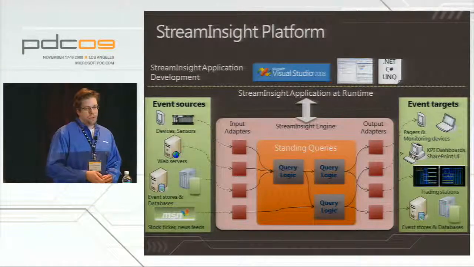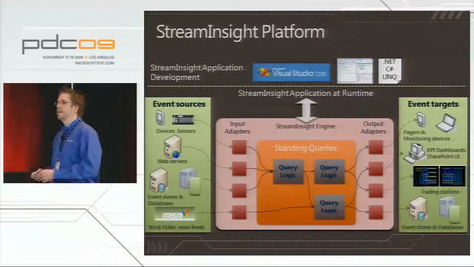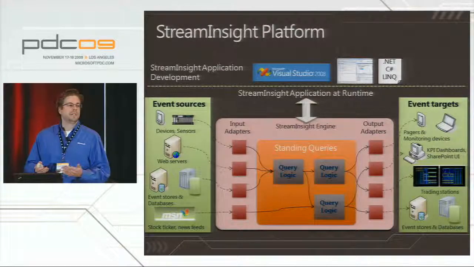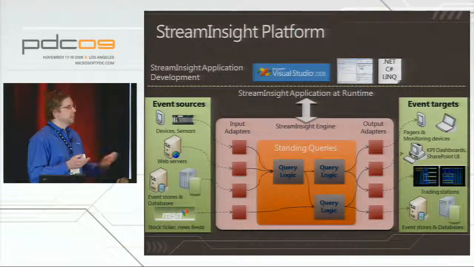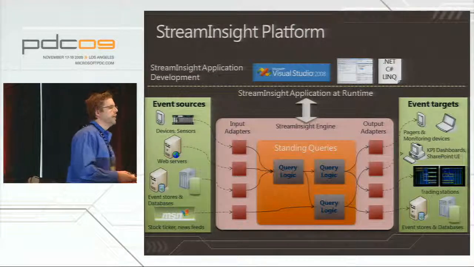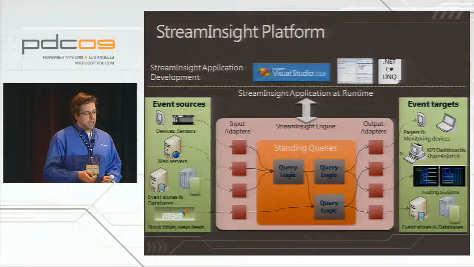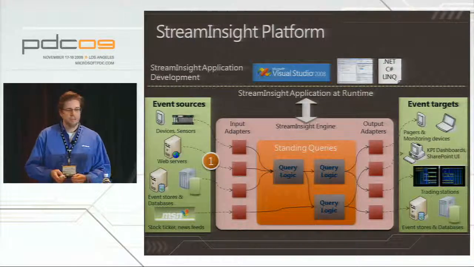Again, a quick overview of the StreamInsight platform. If you download our MSI and install it, what you get is basically an SDK. You get a bunch of DLLs, you fire up Visual Studio, and you write a CEP application against our DLLs. Writing a CEP application, first of all, means writing input adapters.